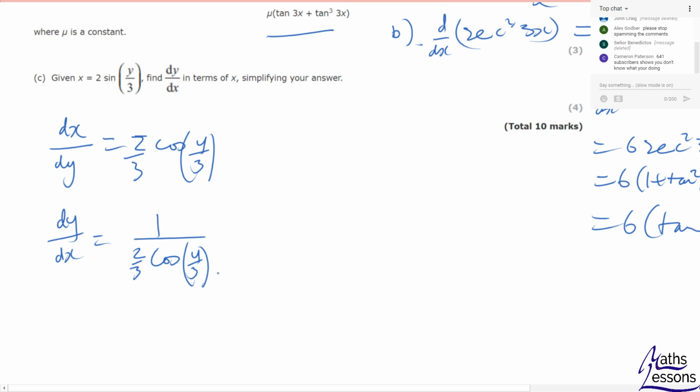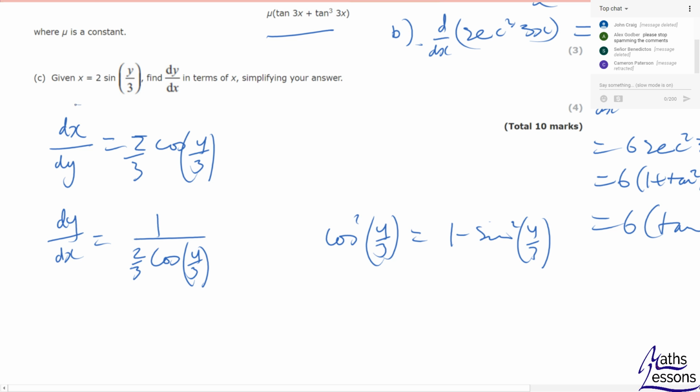Now we know that cos y over 3, if we square that, is equal to 1 minus sine squared y over 3. And this is a usual trick for this, to get these back in terms of x. And we know that x is equal to 2 sine y over 3. So therefore sine y over 3 will equal x over 2 if we divide both sides by 2.